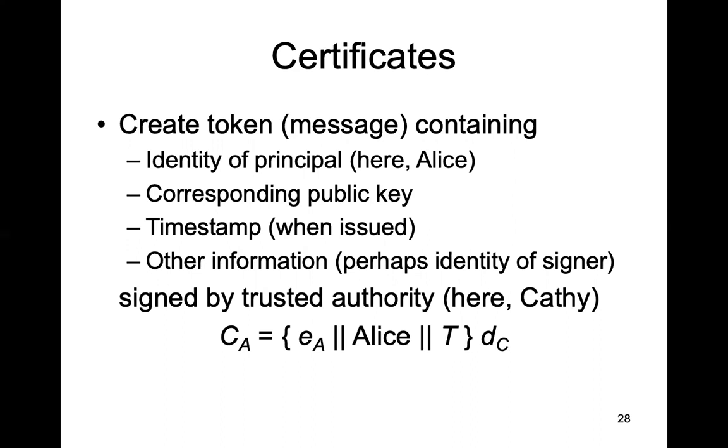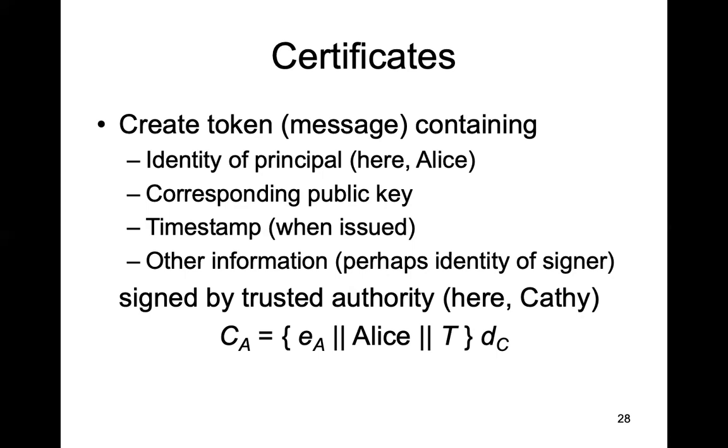The digital certificate is always produced by somebody called a certifying authority. And let's just assume that in this particular case, we're going to call this certifying authority Kathy. So the certificate is basically the public key tied up with identity, tied up with a timestamp, the whole thing encrypted under Kathy's private key. So we'll assume that trusted authorities are well-known authorities and therefore their public keys are known to everyone.